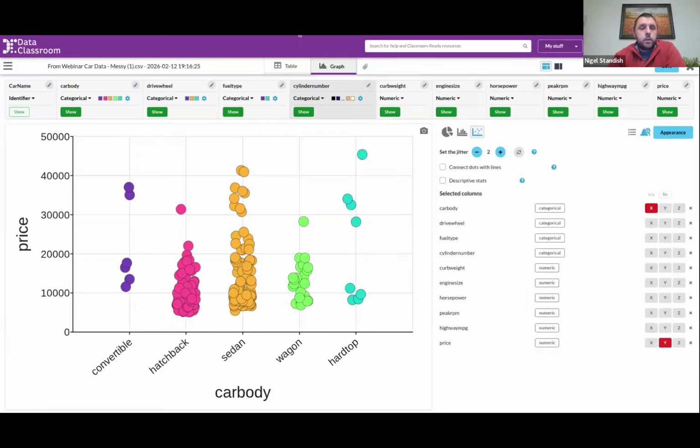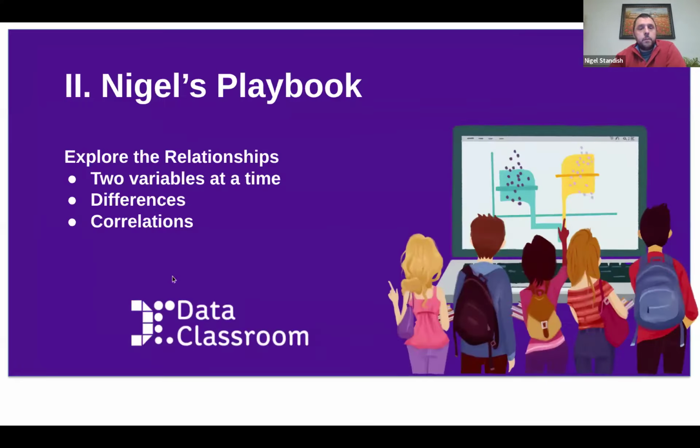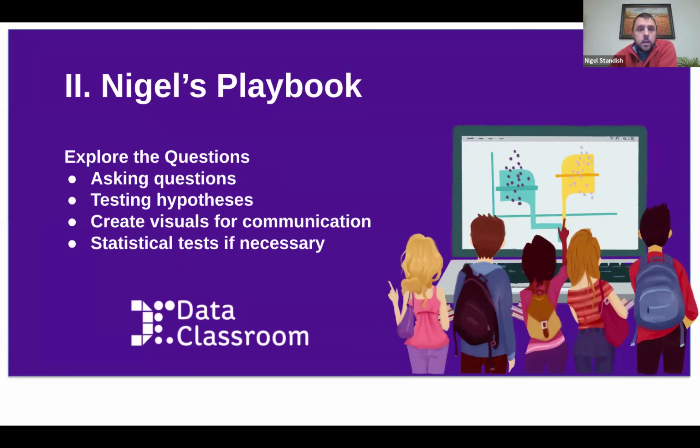All right. So we've looked at two variables at a time. We've looked at differences. We've looked at some correlations, particularly between price and vehicle size, and also the miles per gallon. And we can start asking questions and testing hypotheses, just like we did when we saw the miles per gallon as being more cheap, the more economic it got.